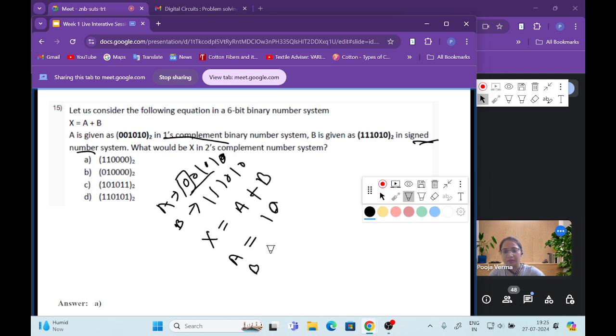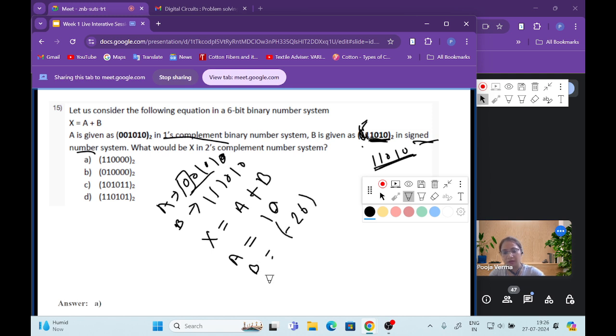And b is given as signed, so MSB is 1, meaning it is a negative number. So remove this and count the decimal equivalent of 1 1 0 1 0. You will get 26, and MSB is 1, so it is minus 26.